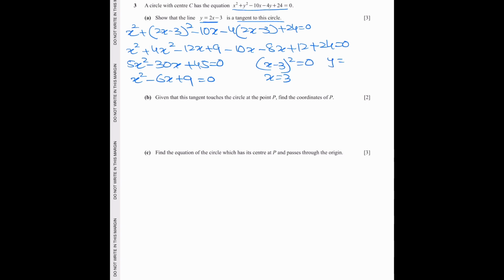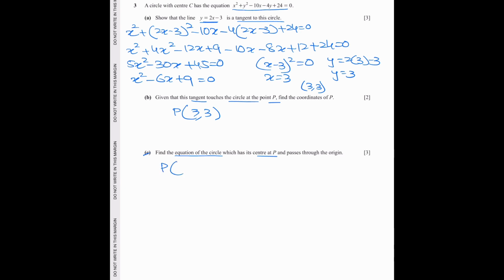So y is equal to 2 times 3 minus 3, so y is equal to 3. So we have only one point where the line is tangent to the circle. Given that this tangent touches the circle at the point P, your point P is 3 and 3, we have already found. Part C, find the equation of the circle which has center P.